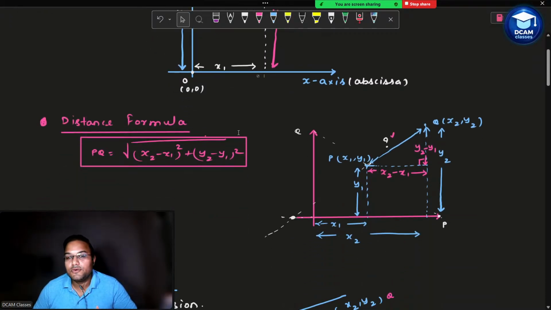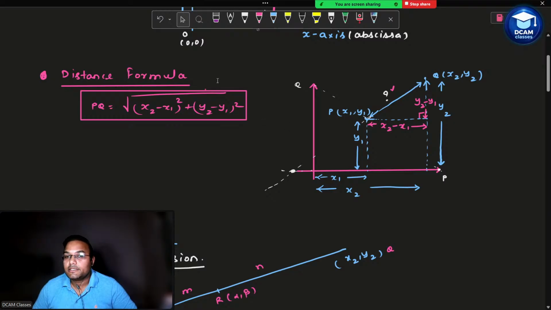Now, let's move on to the next formula, the distance formula. You may know this formula from your lower classes. The distance between 2 points in a plane is this. But how do we get it?